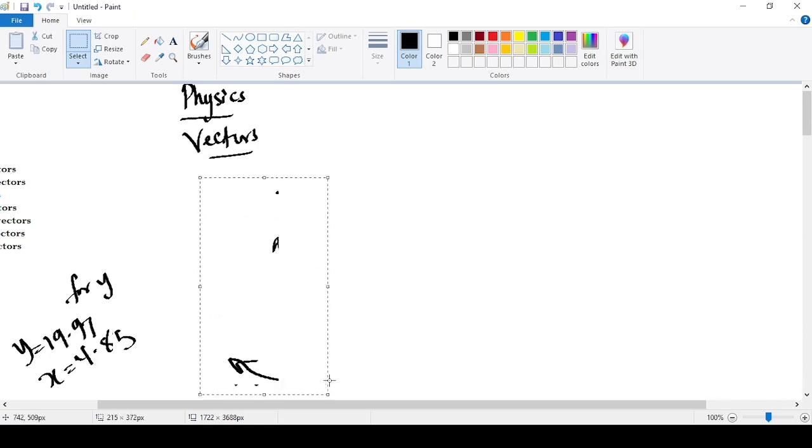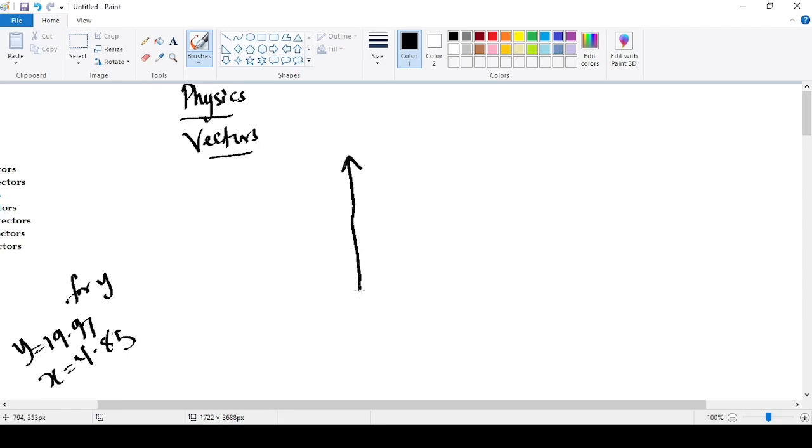So for instance, now we have y equals 19.97 and x equals 4.85. Both of them are positive. So we have a positive y and a positive x. Our diagram will look something like this: a positive x and a positive y.